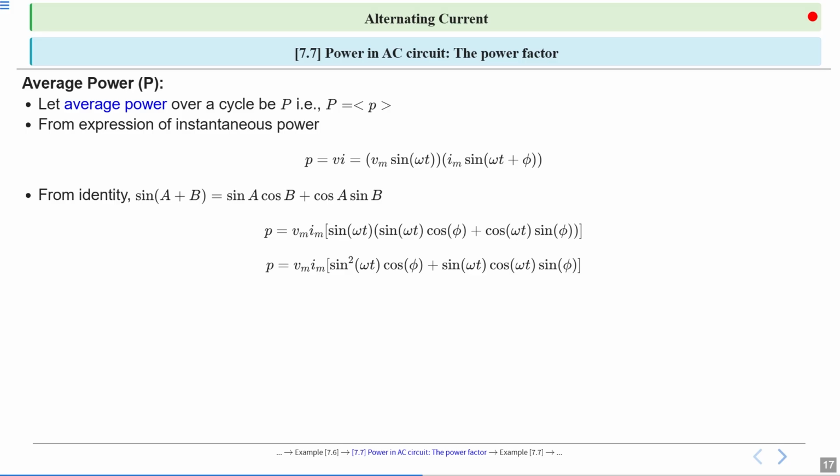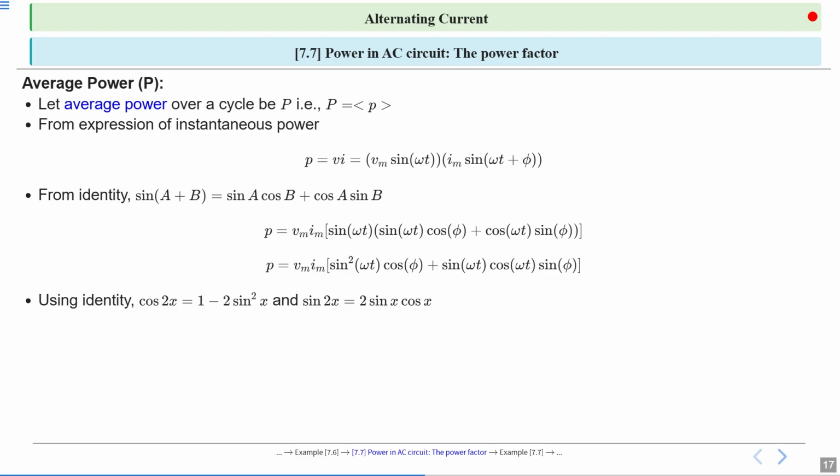Now we are going to use another identity for sin square omega t and for sin omega t cos omega t. What is that identity? Using cos 2x equal to 1 minus 2 sin square x, we move 2 sin square x to one side and cos 2x to the other, so 2 sin square x equals 1 minus cos 2x.